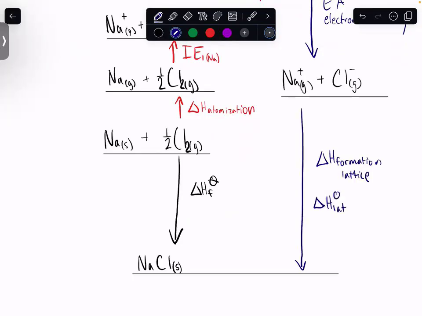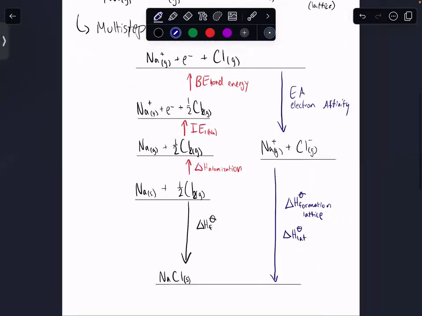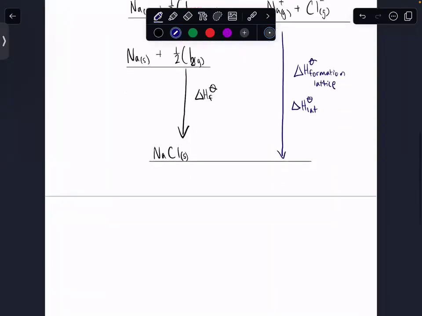And these are standard values because once again, we're still making 1 mole under standard temperature and pressure. And all these down arrows are negative because they're exothermic. All the up arrows are positive because they are endothermic. So now all we have to do is combine this into an equation.